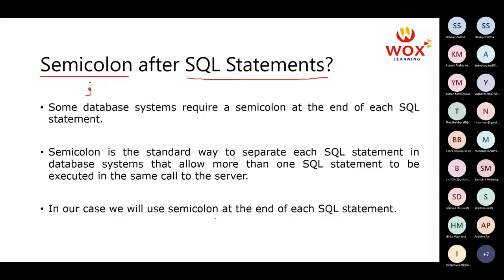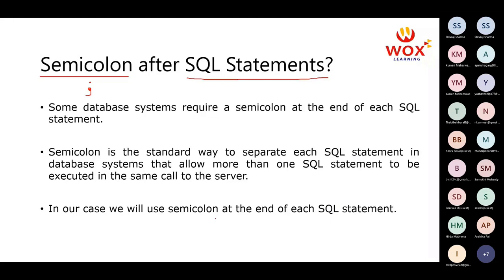Okay, and suppose you are inserting multiple queries in a single section, then you have to separate all those queries or statements by a semicolon. So what does the semicolon do? It separates the statements to execute. If you execute all the queries together, SQL will execute from semicolon to semicolon.